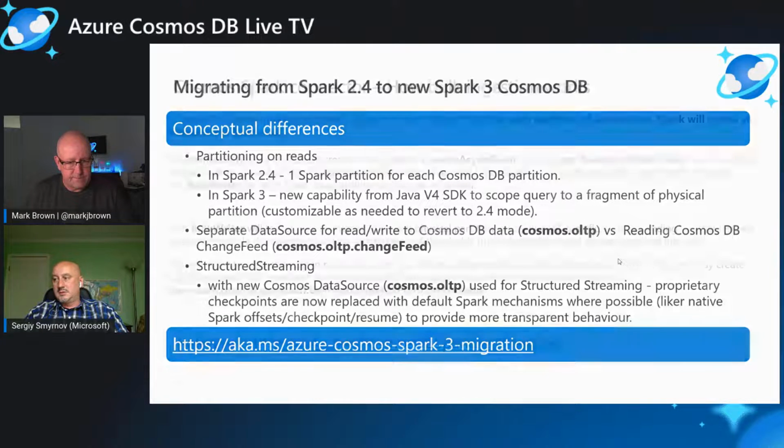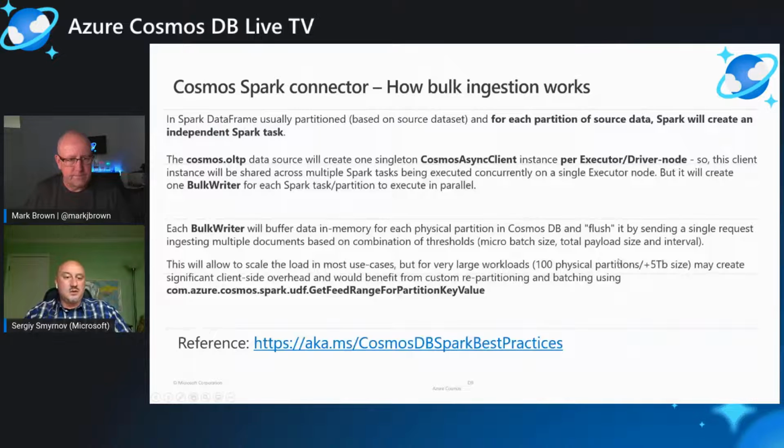All right, so let's look next at the Cosmos Spark connector and how bulk ingestion works behind the scenes. In a Spark data frame, data is usually partitioned based on the source data set partitions. For each partition of source data, Spark will create independent tasks. Our Cosmos OLTP data source will create a singleton Cosmos client instance for each executor or driver node.